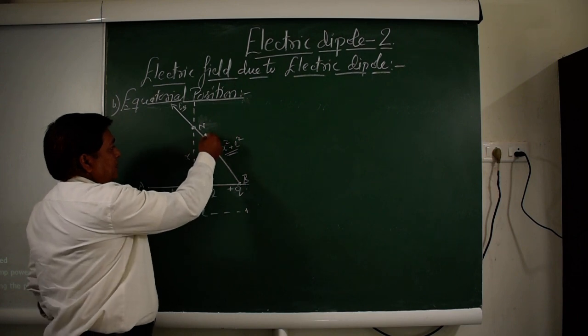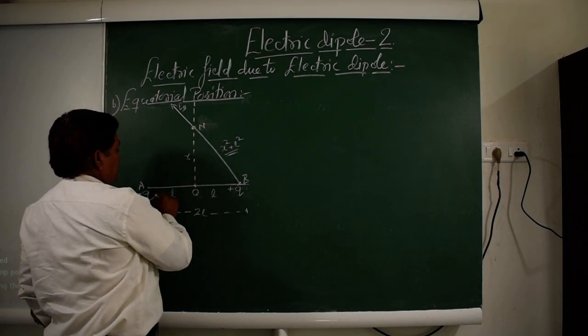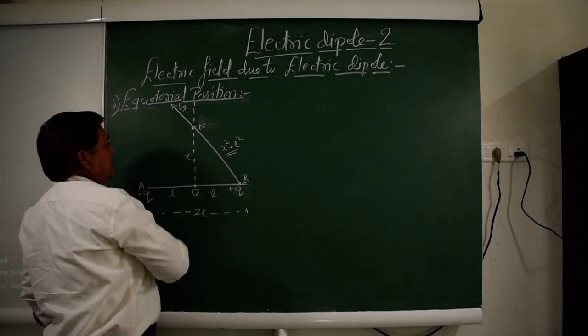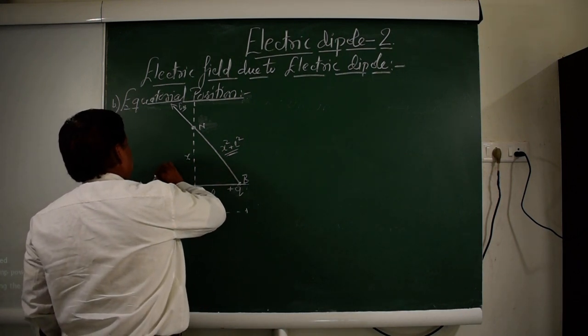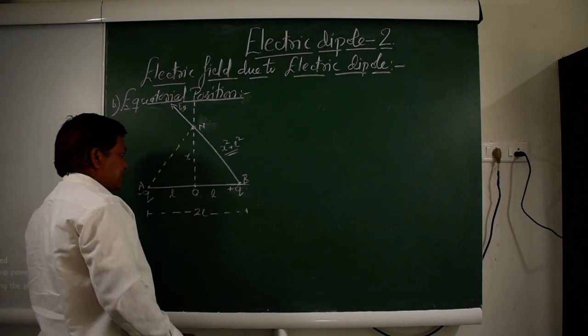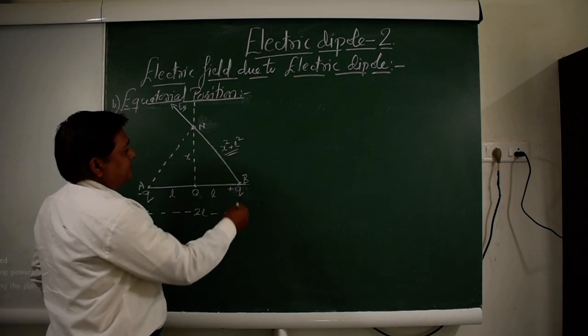Okay, if we try to find the electric field due to this minus q charge at N here, what will be its direction? So if we join this, let us see here. I suppose that this distance is r.